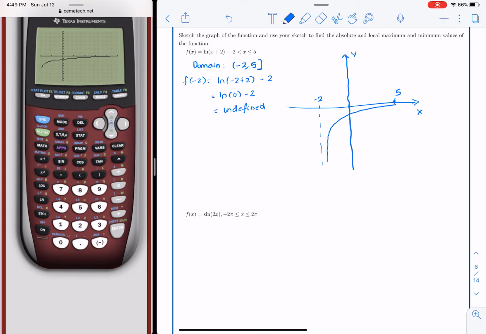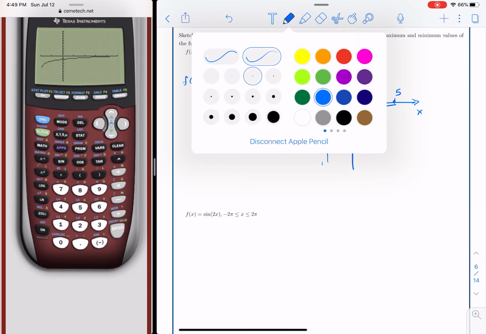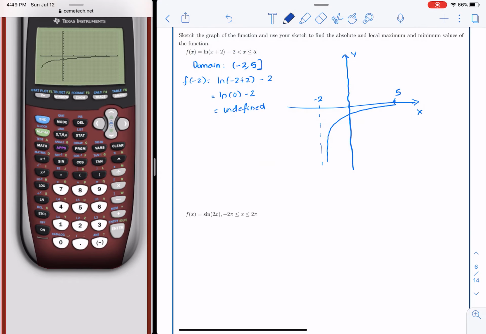So does it have an absolute minimum? No. So there is no absolute minimum. Is there an absolute maximum?